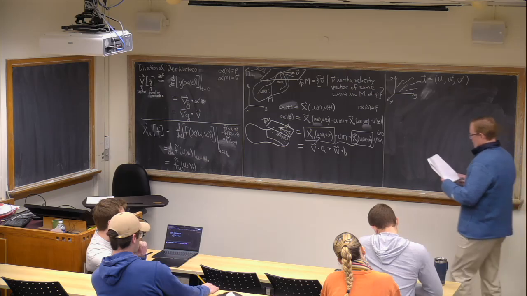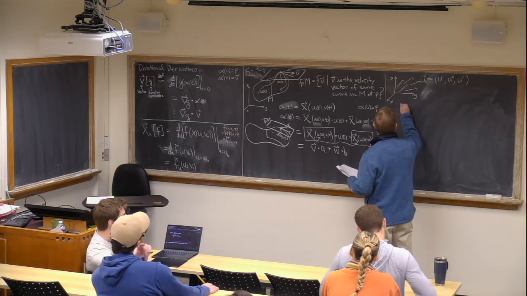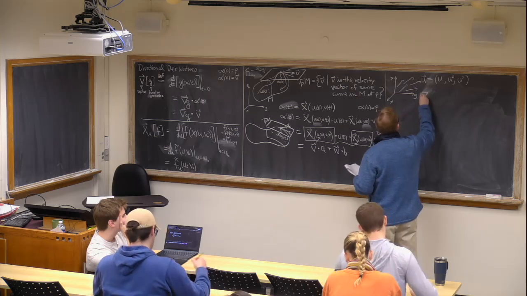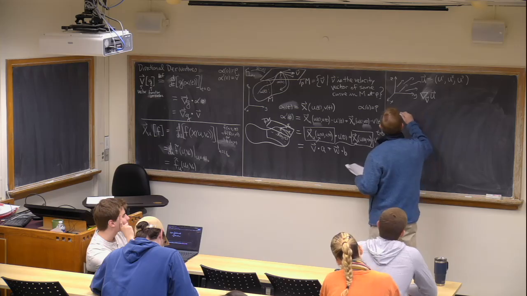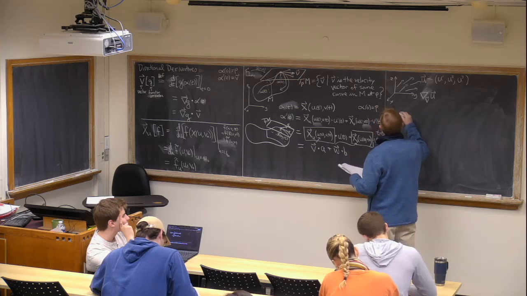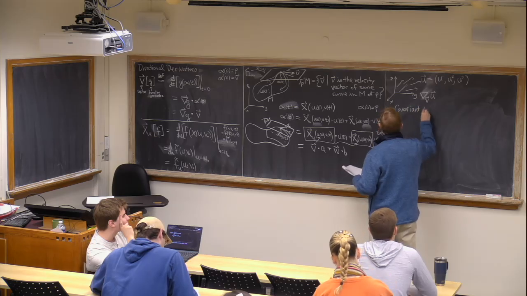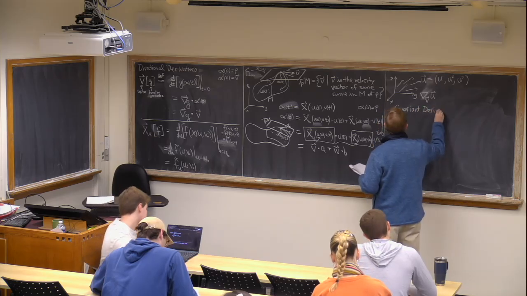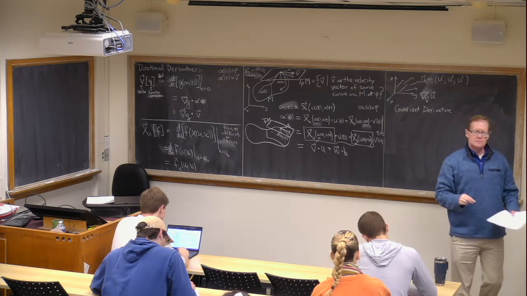And then you might say, okay, well, how do I take the directional derivative of a vector field? So what is the definition? Let's say I have another vector field V, then this is the directional derivative. By the way, they don't use the word directional derivative. They use the word covariant derivative, but it's the same concept. Now, why do they call it the covariant derivative?